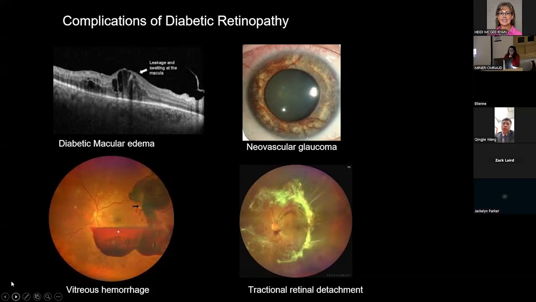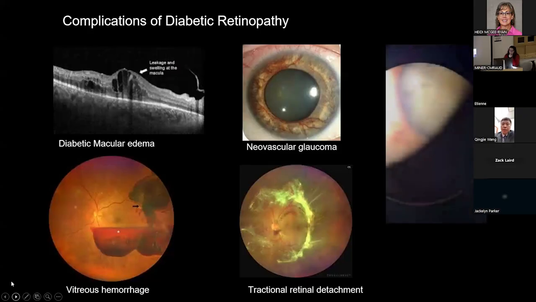Patients totally lose their view, and eventually, from persistent chronic inflammation, patients can develop fibrosis. They develop very tough membranes. They cause focal traction, and that traction can eventually cause retinal detachment, and that of course needs treatment as well. I think I have another video which we may not be able to show.